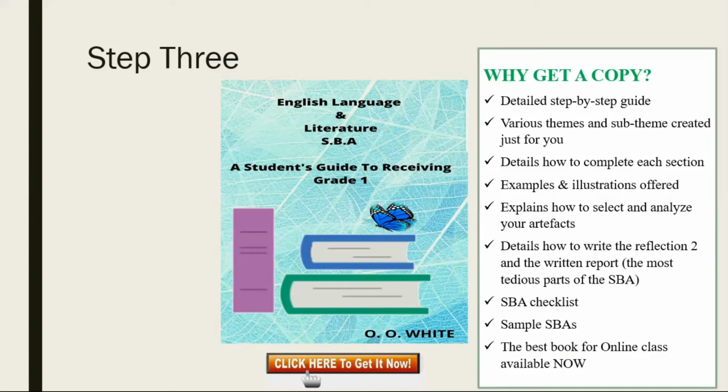It also details how to write the reflection too, which is sometimes the most difficult part of the SBA, as well as the written report. It gives you a checklist for the SBA. When you're done your SBA, all the things that should be included and should not. It gives you sample SBAs, grade 1s, of course.